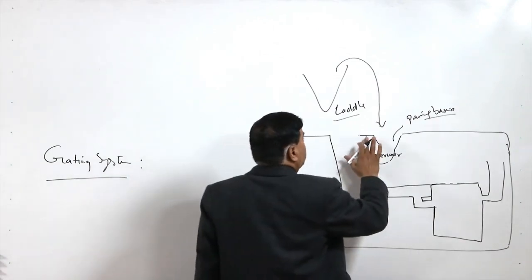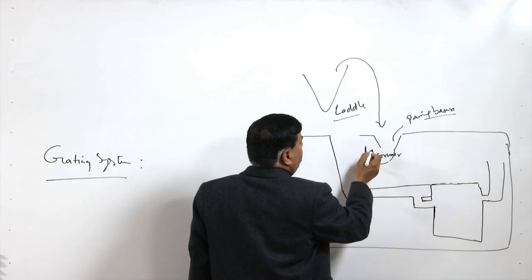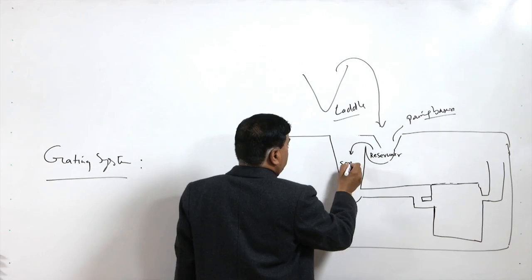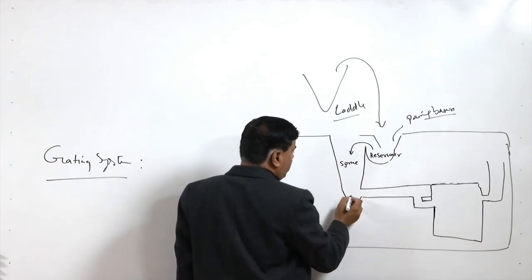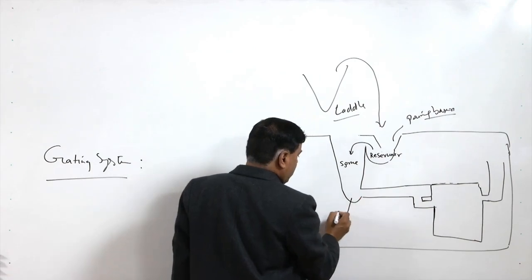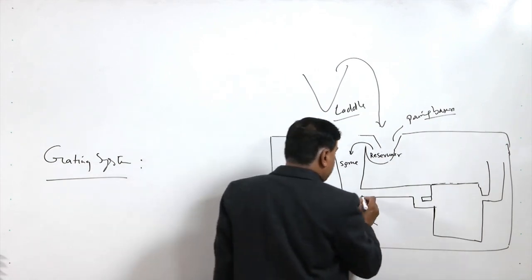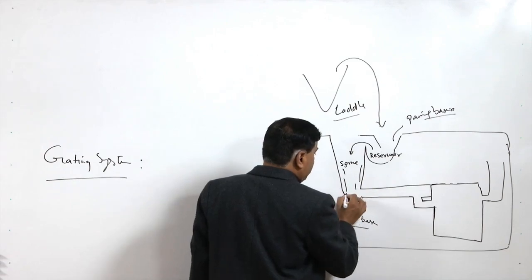So, the metal from the pouring basin goes to the sprue, and after flowing through the sprue it goes to the sprue base or sprue well, and here there is a change in direction of the flow of the molten metal.